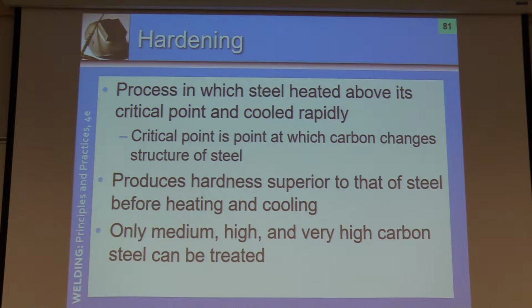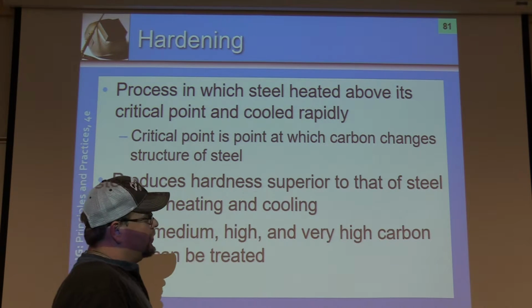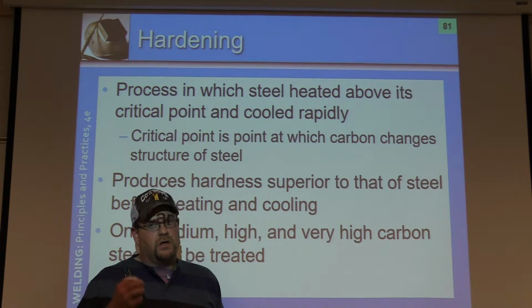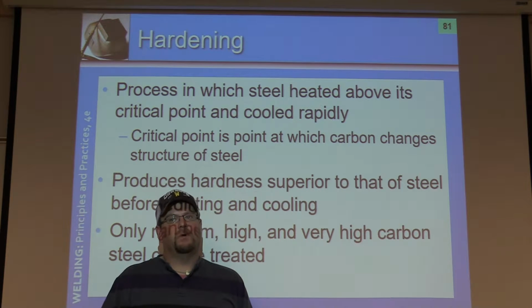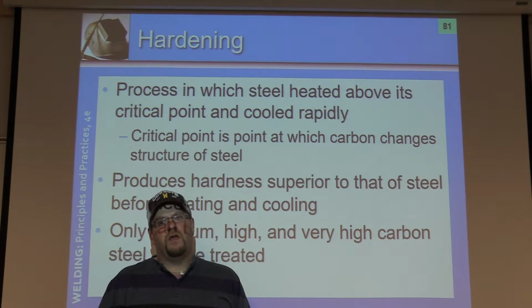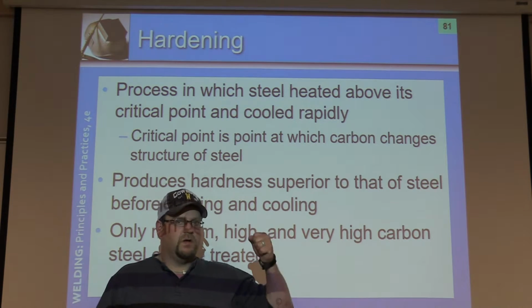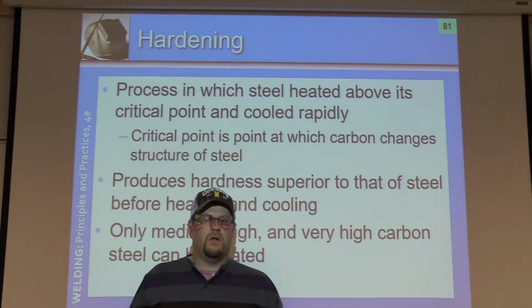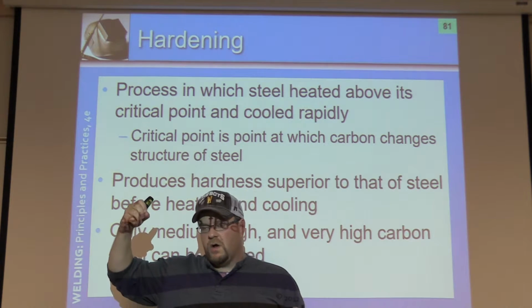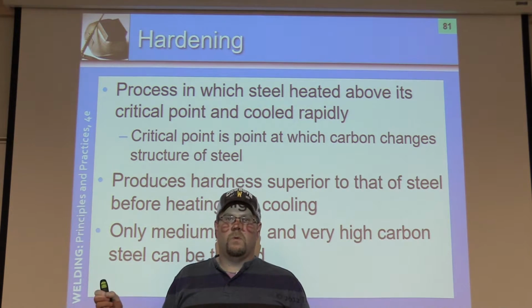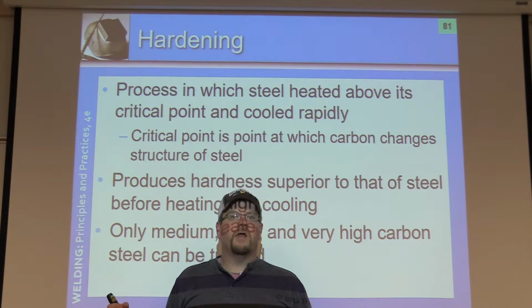I have seen low carbon steel have great qualities added to it. For example, I've done one with just plain A36 steel. We heated it back up to roughly 2,000 degrees and dunked it. We did several different batches, same material. We dunked one in water, one in oil, and one in a cold saltwater brine.